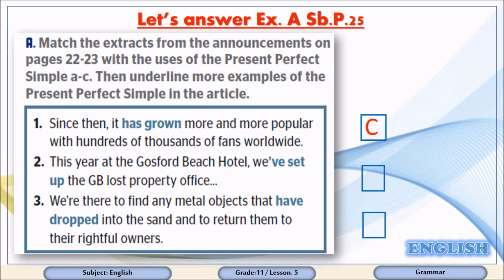This year at the Gosford Beach Hotel, we have set up the JB Lost Property Office. It goes with indication B. Number 3. We are there to find any metal objects that have dropped into the sand and to return them to the rightful owners. It goes with indication A.